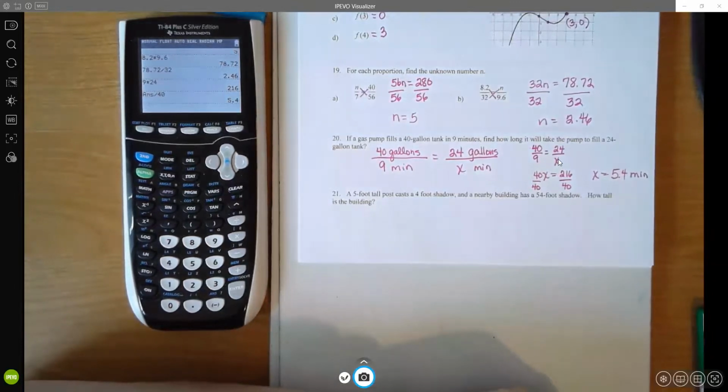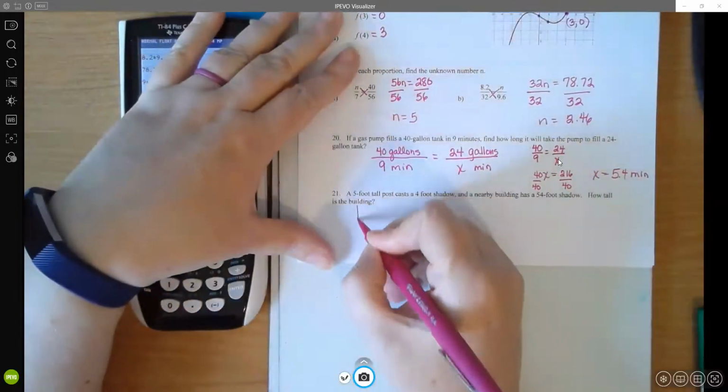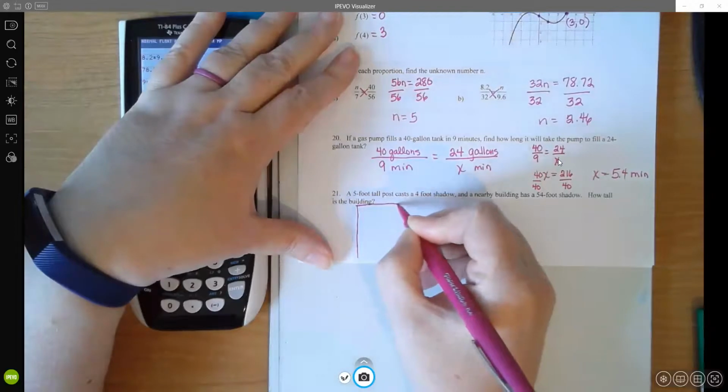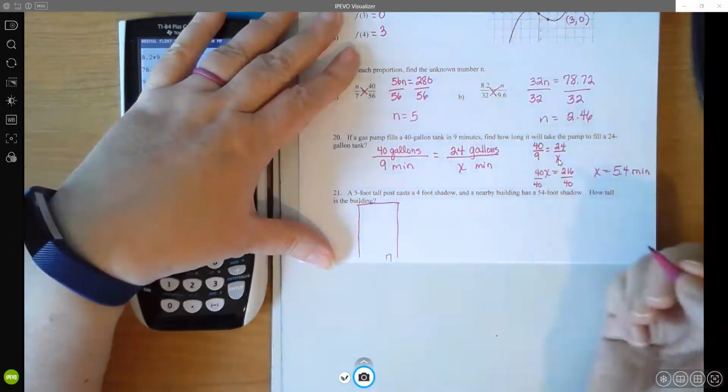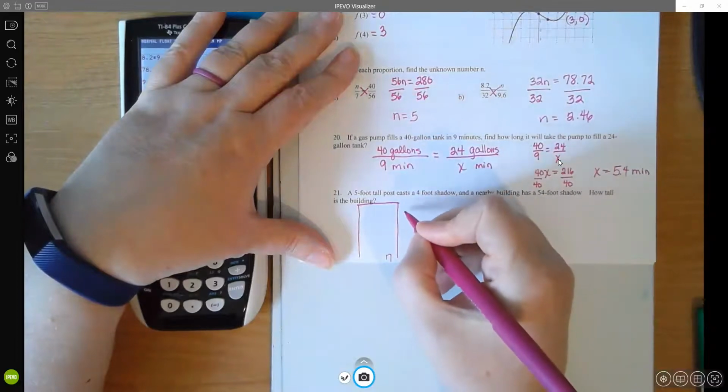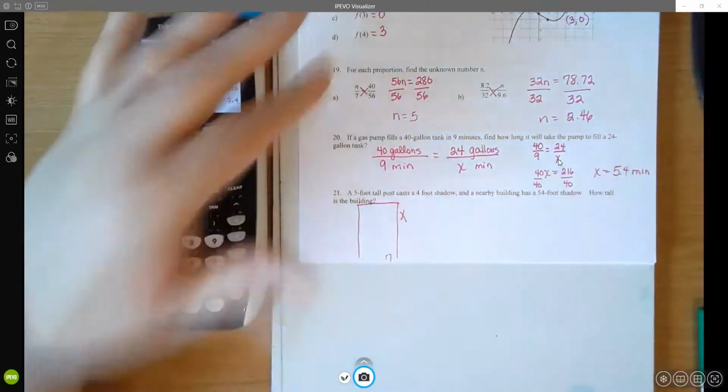Okay, number 21. A 5-foot tall post casts a 4-foot shadow, and a nearby building has a 54-foot shadow. How tall is the building? So I've got a building here, and I'm going to draw my building first. So here's my building, and I don't know how tall it is. So this is the missing piece.